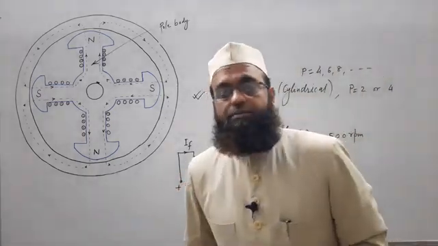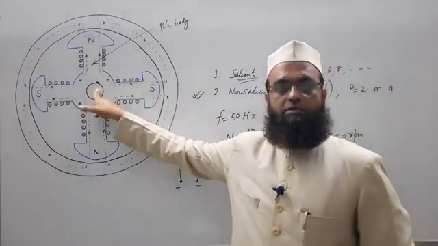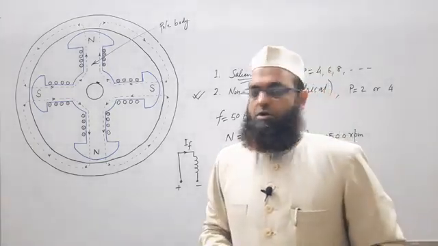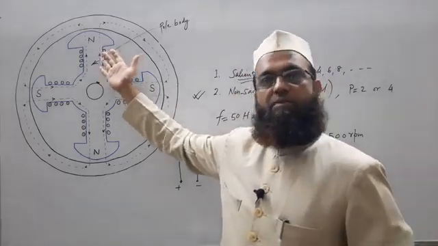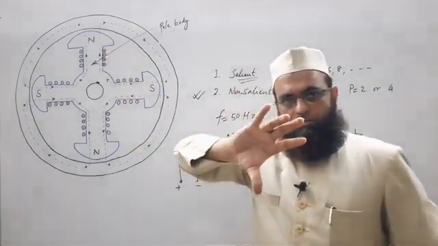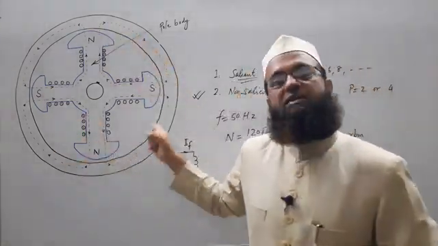Now what happens next? Once you rotate this rotor by means of any prime mover, the associated field MMF will also rotate. This MMF will link to the stator winding discussed yesterday.